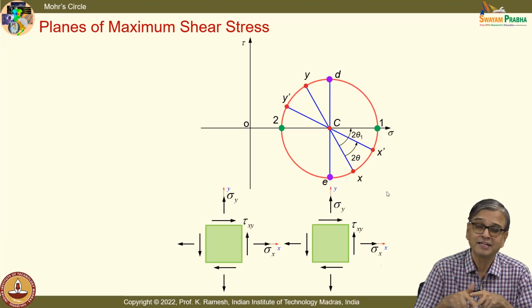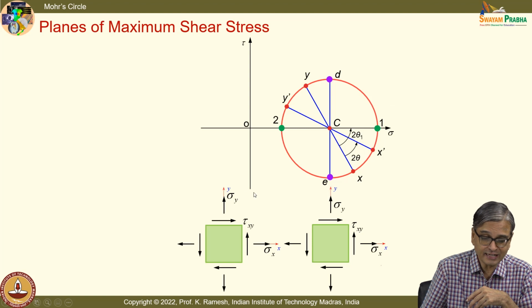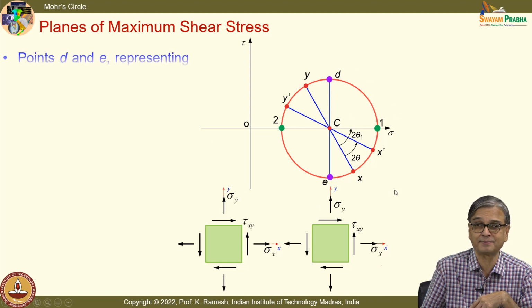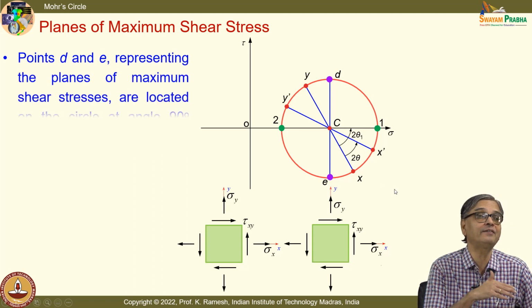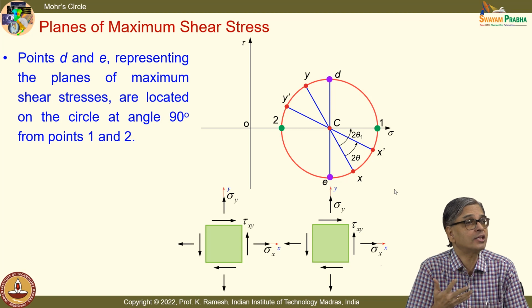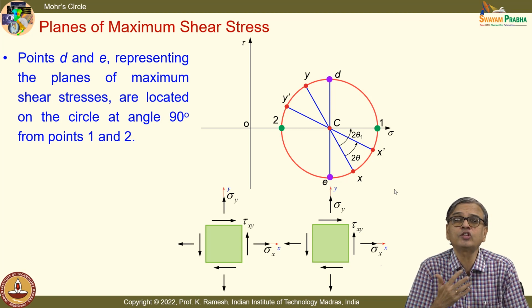Fine. For a configuration like this it is definitely a maximum, but it is not the global maximum. So, you have to wait until we develop how to draw the Mohr circle for a true three-dimensional situation.